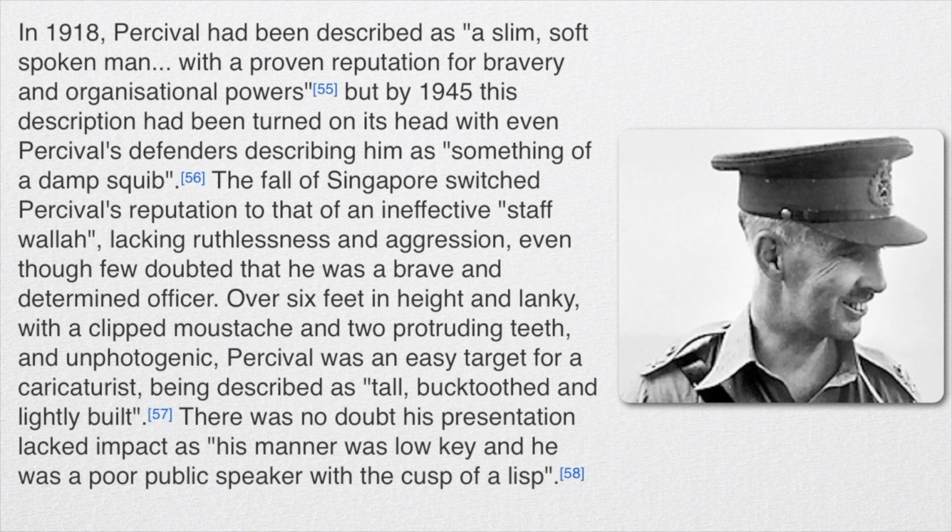This is a description of him: he's over 6 feet in height and lanky, with a clipped mustache and two protruding teeth, and unphotogenic. Percival was an easy target for a caricaturist, being described as tall, bucktooth, and lightly built. There was no doubt his presentation lacked impact, as his manner was low-key and he was a poor public speaker with the cusp of a lisp.